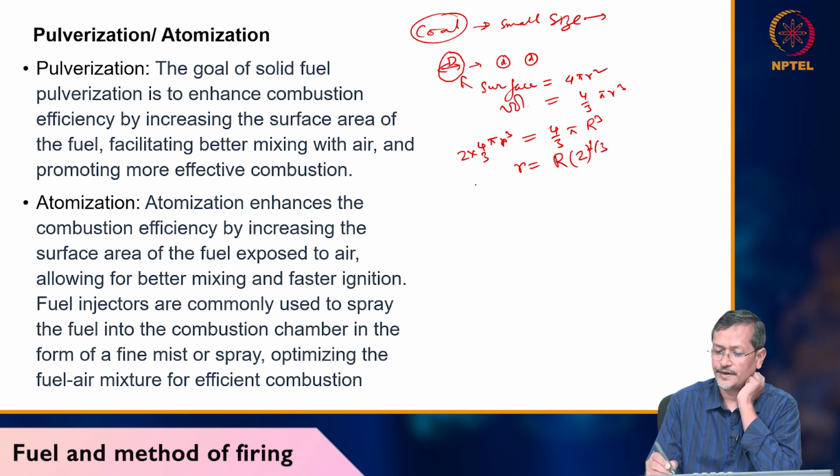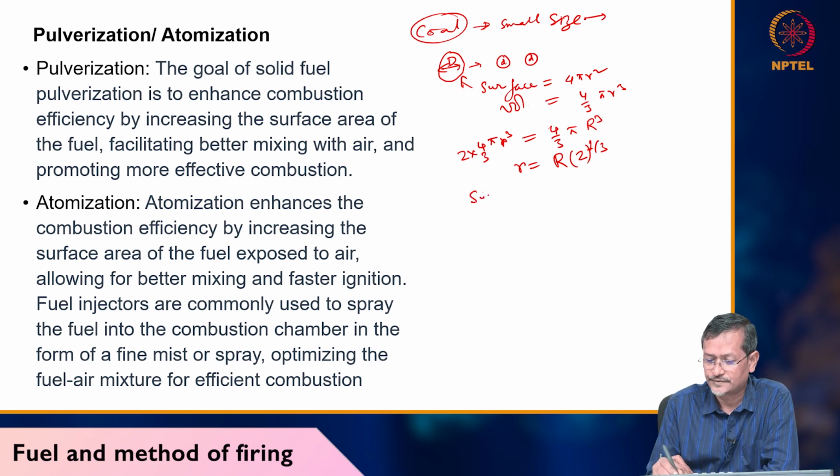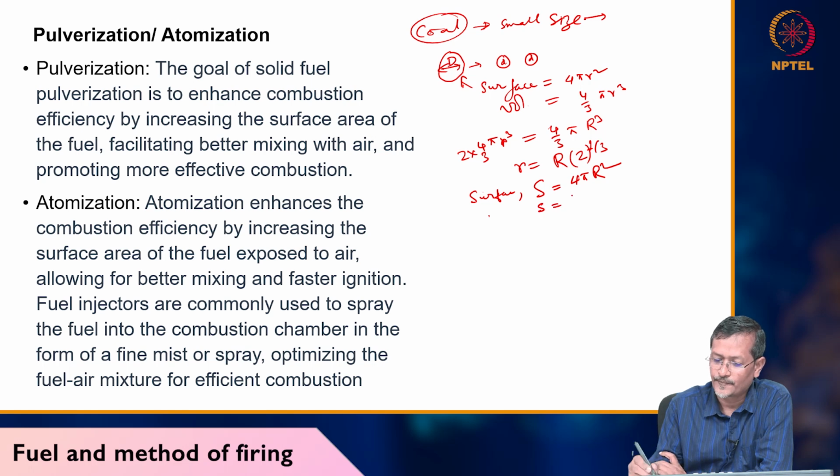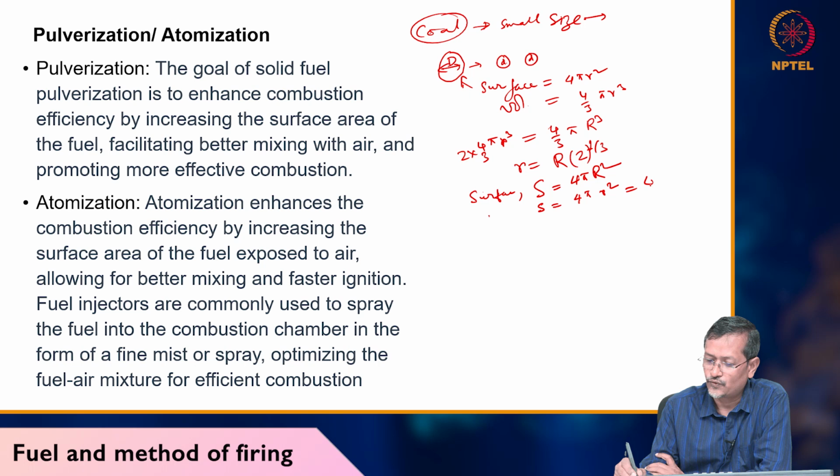So this is the formula I am getting. Now if I calculate the surface area, for the bigger one S equals 4 pi R squared, and for the smaller one, 4 pi small r squared, so 4 pi capital R into 2 to the power 1/3.